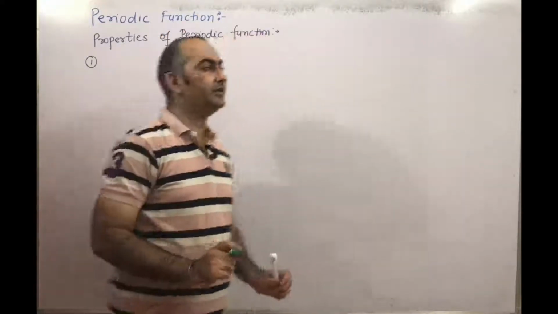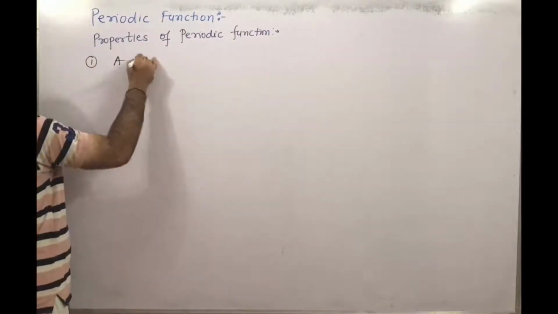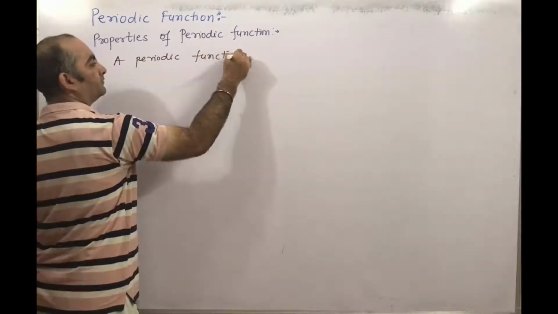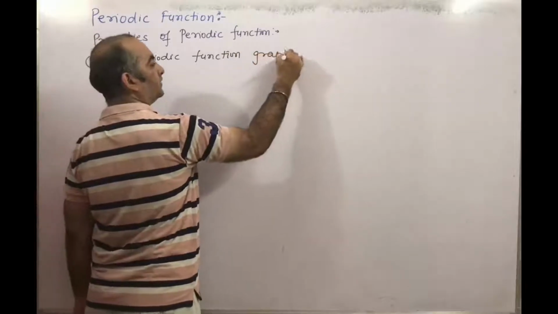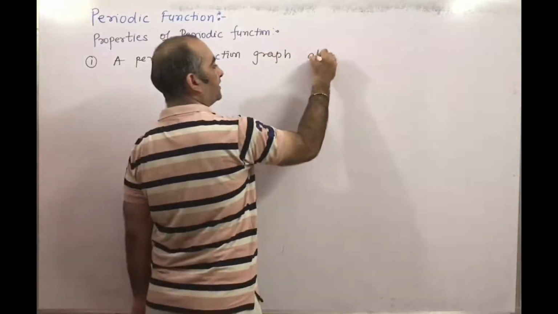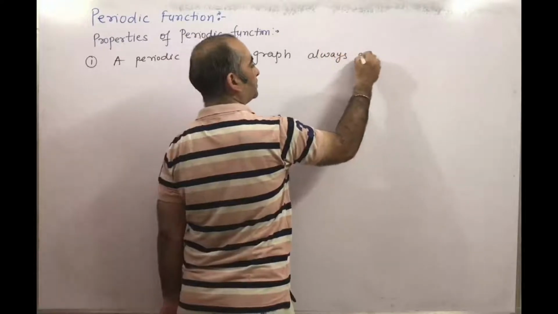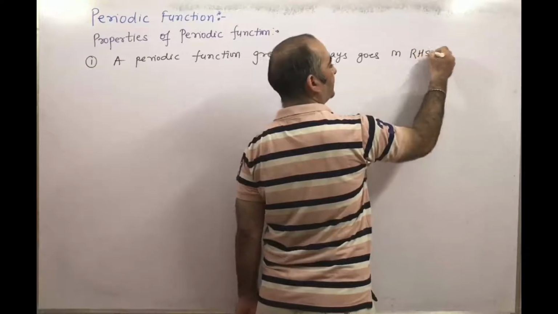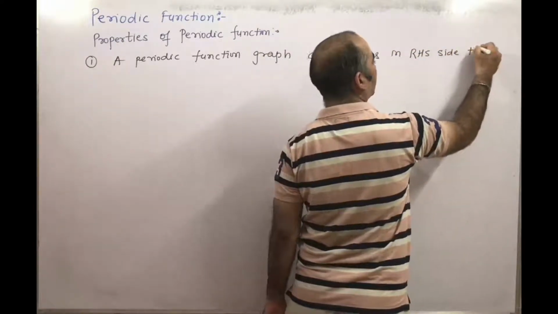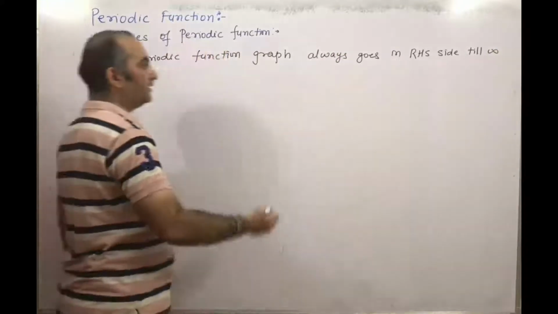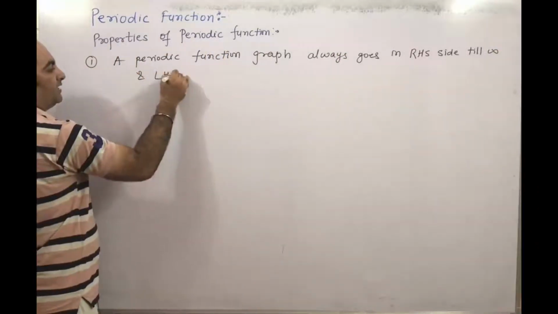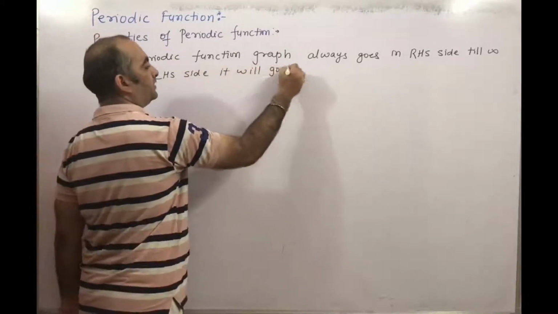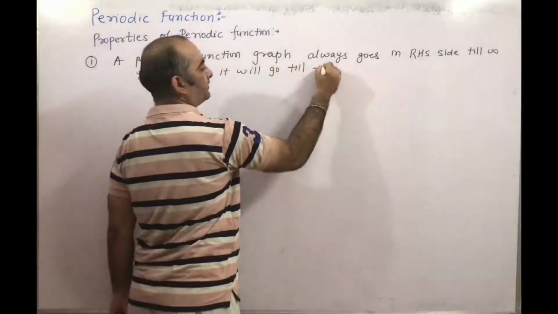So from where we can say that a periodic function graph always goes in the RHS side till infinity and in the LHS side it will go till minus infinity.